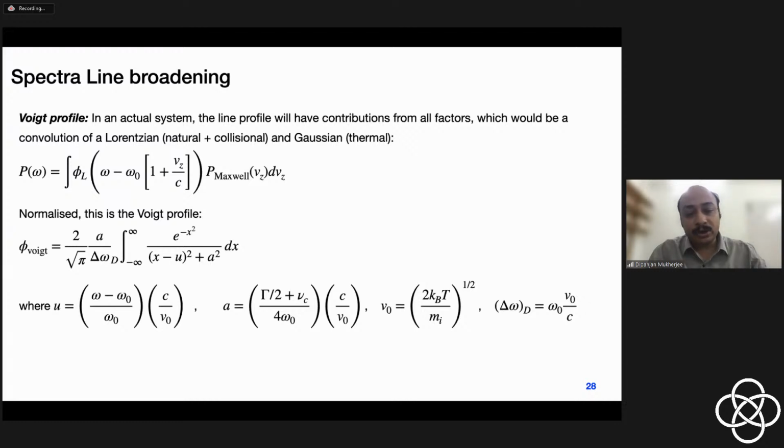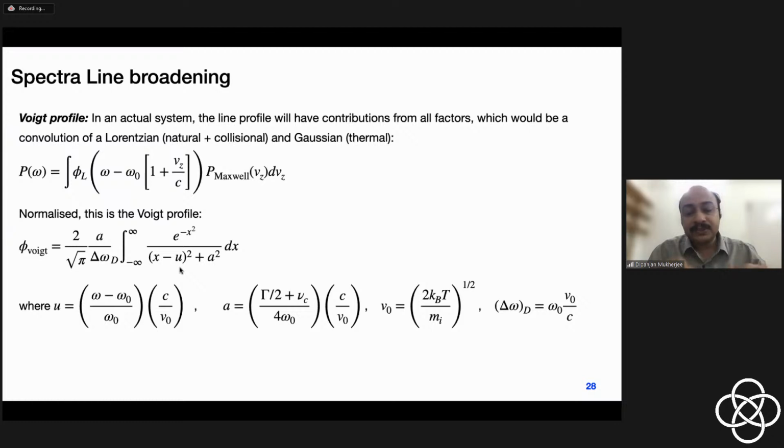So we model actual line profiles by something called a Voigt profile. It's spelled VOIGT. The G is silent, and it looks something like this, where these front factors are just normalization factors. But if you look at this integral here, forget the numerator. If it's just 1 by (x minus u) whole square plus a squared, this is a Lorentzian function.